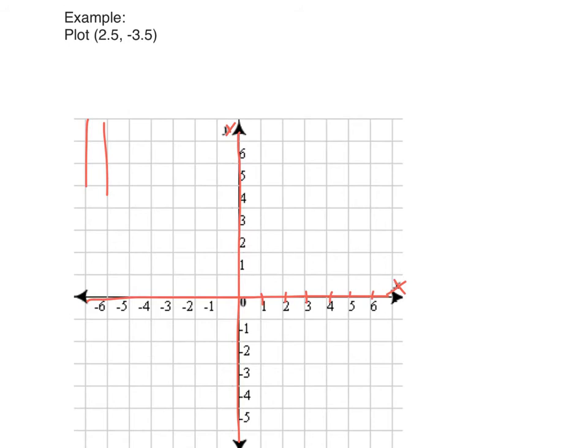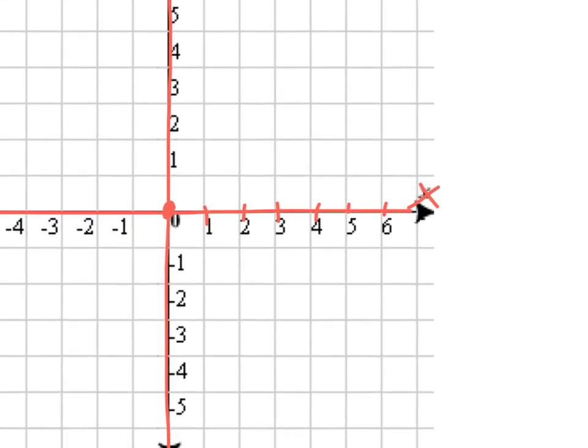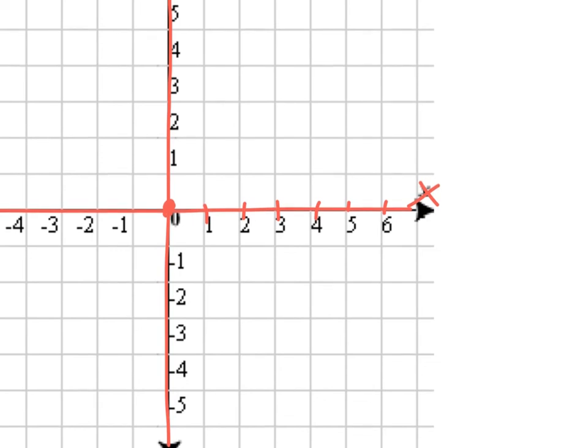So we're going to plot (2.5, -3.5). So 2.5 is the over, and negative 3.5 is the up negative 3.5. So when we go over 2.5 from the origin, that's going to be exactly right here.